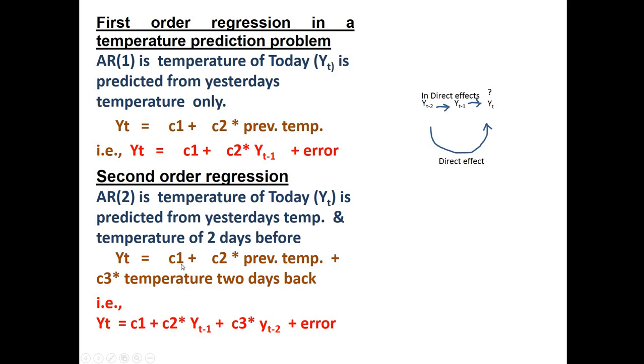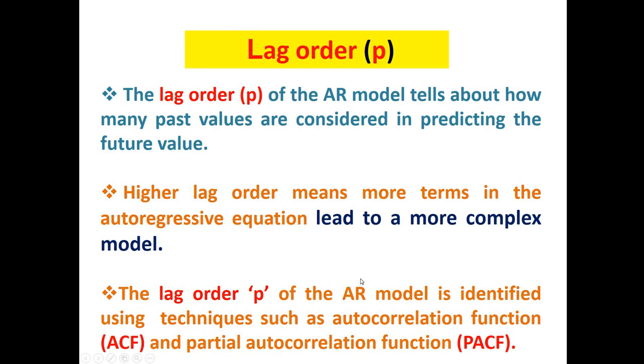So mathematically you can express yt is equal to C1 plus C2 multiplied by yesterday's temperature plus C3 multiplied by the temperature 2 days before, plus error.